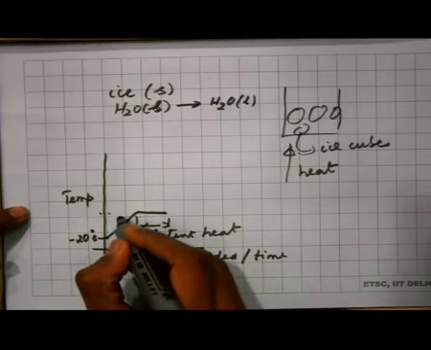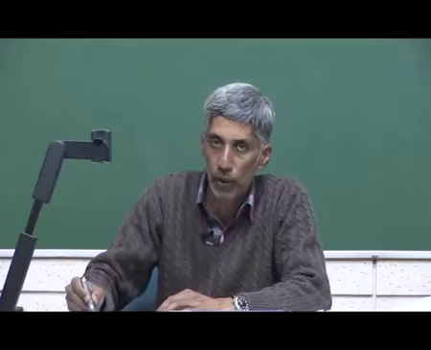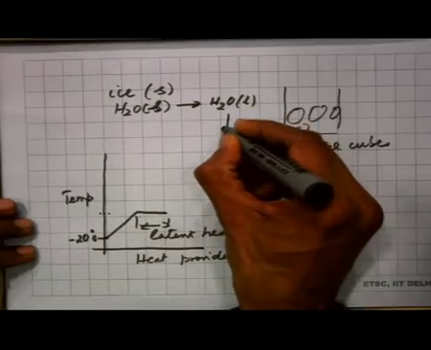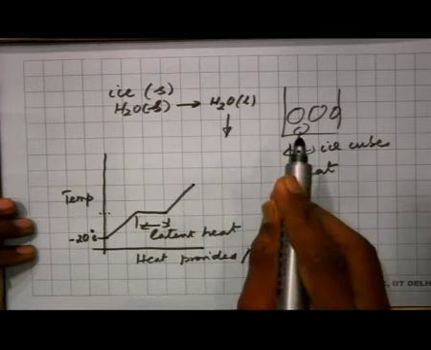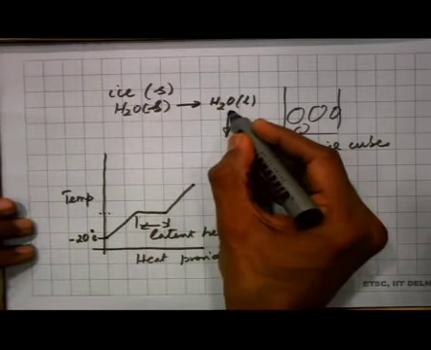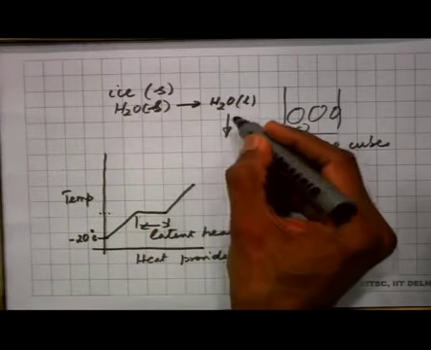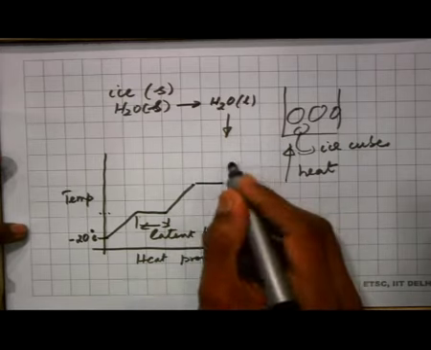Now, once that happens, after all the ice has melted into liquid water, you continue to provide more heat and the temperature rises after that, and it rises up to the point where all the liquid at one point will start converting into steam.